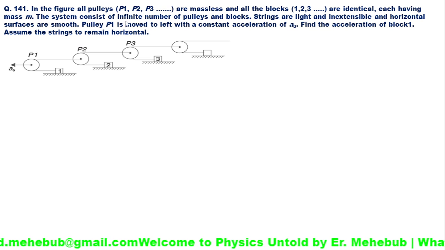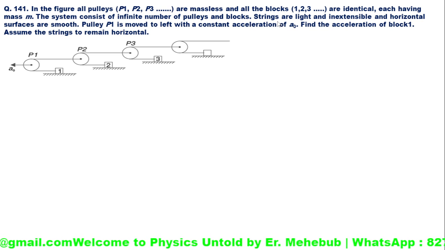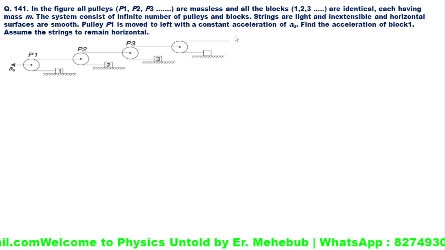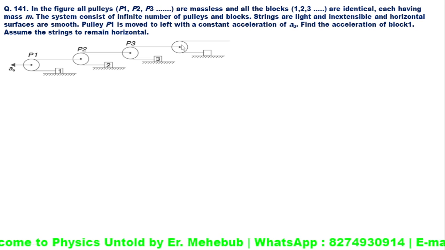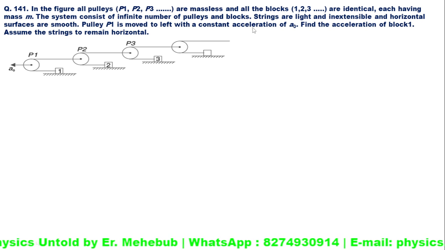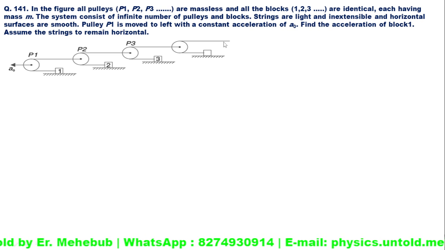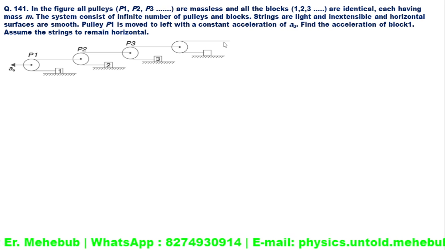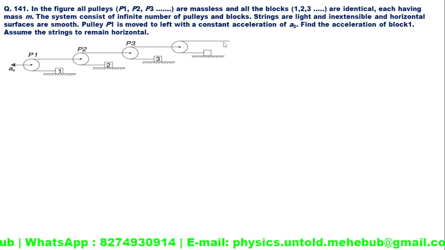The system consists of an infinite number of pulleys and blocks. Strings are light and inextensible. So here one thing is to be noted, that the strings are light and inextensible. If the strings are extensible, then the strings act like a spring.